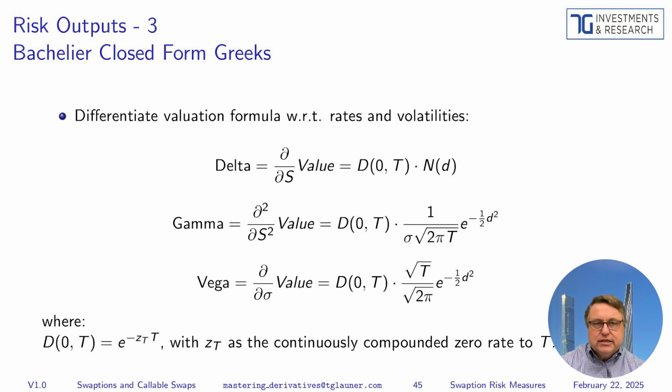D0T represents the discount factor, which is computed using Z at maturity, the continuously compounded zero rate. These closed-form derivatives allow us to efficiently calculate how prices change with movements in underlying variables, requiring just a single formula evaluation for each Greek sensitivity.